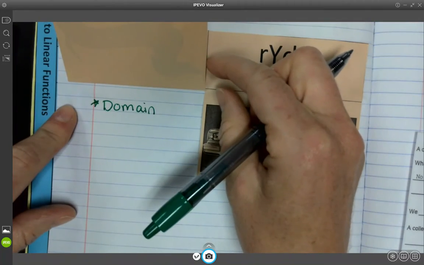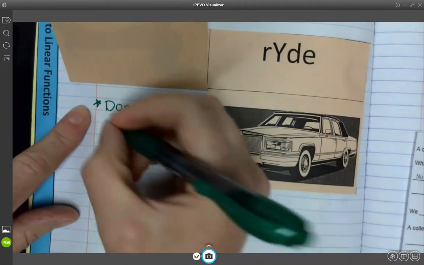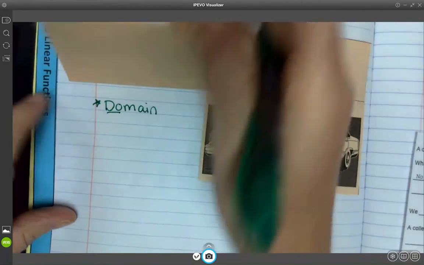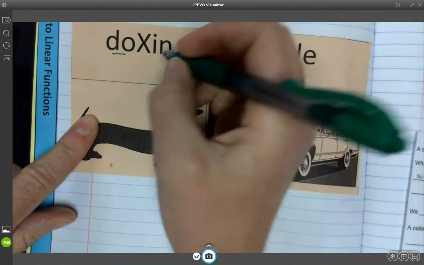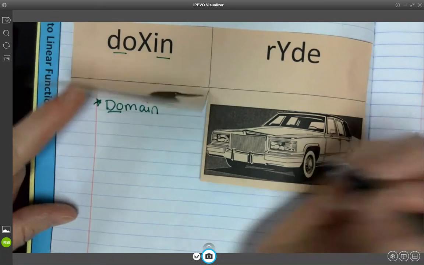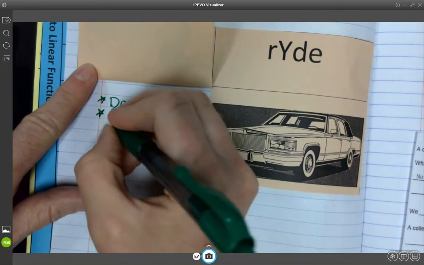So the DO in doXin represents domain. The IN represents independent variable.